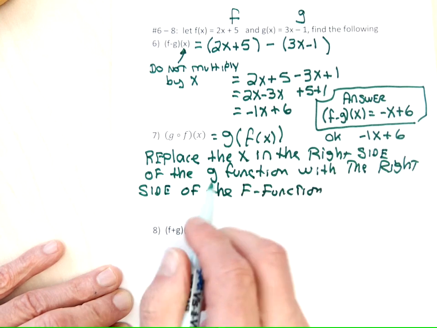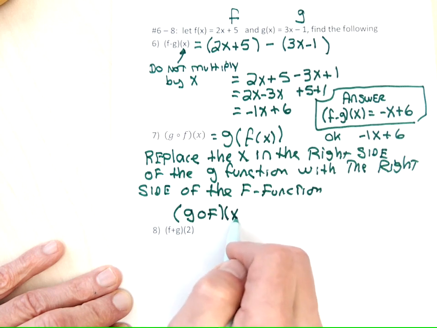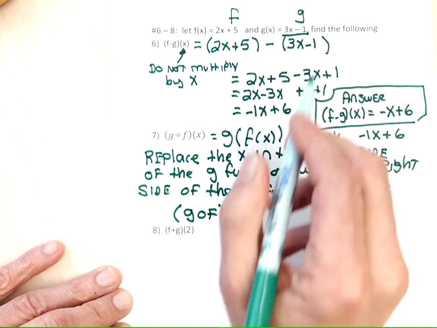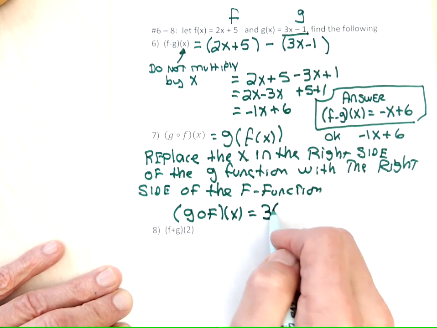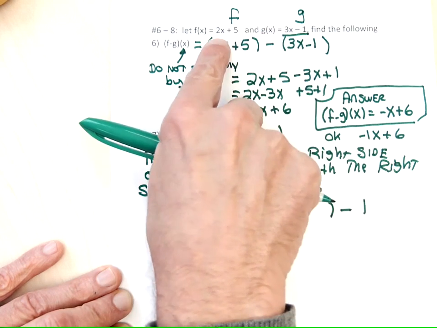So I'm going to find g of f, and what I'm going to do to find it is write the right side of the g function, which is 3x minus 1. I'm going to put a parentheses where the x was, and where that x was, I'm going to put the right side of the f function.